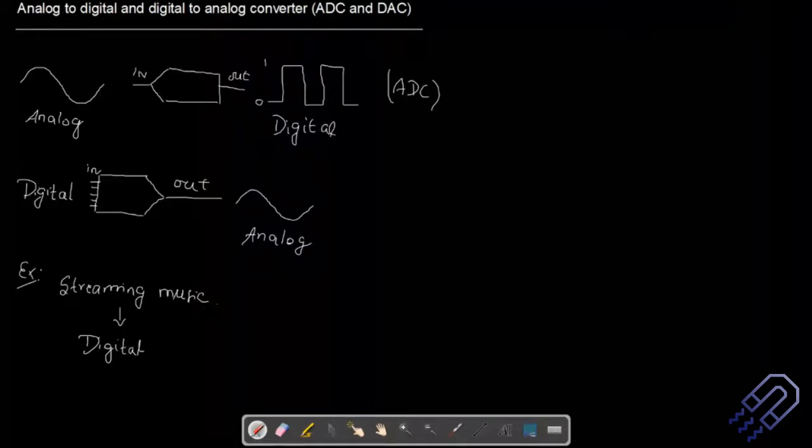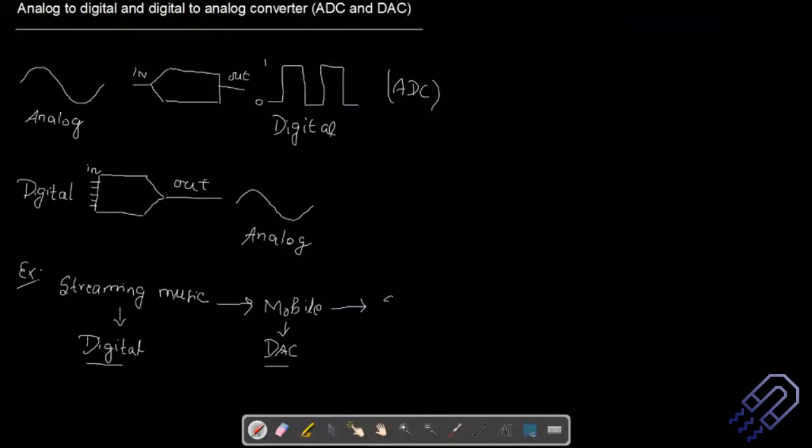Then we need a digital to analog converter, and that is nothing but your mobile phone. Your mobile phone has the electronics to convert this digital signal to an analog signal. So your mobile phone acts as a digital to analog converter.